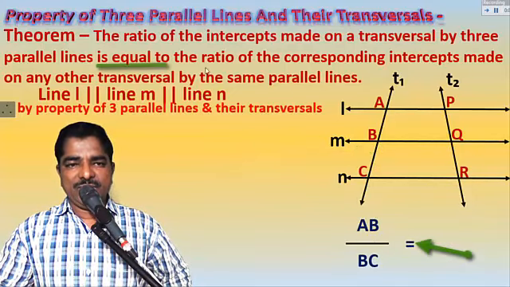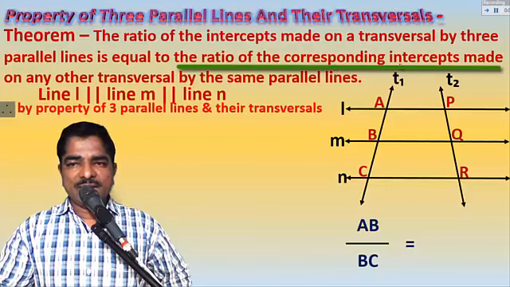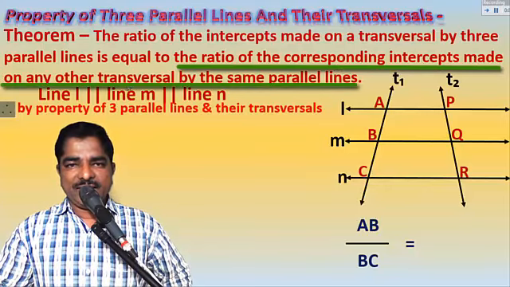is equal to, as in the theorem, the ratio of the corresponding intercepts made on any other transversal.